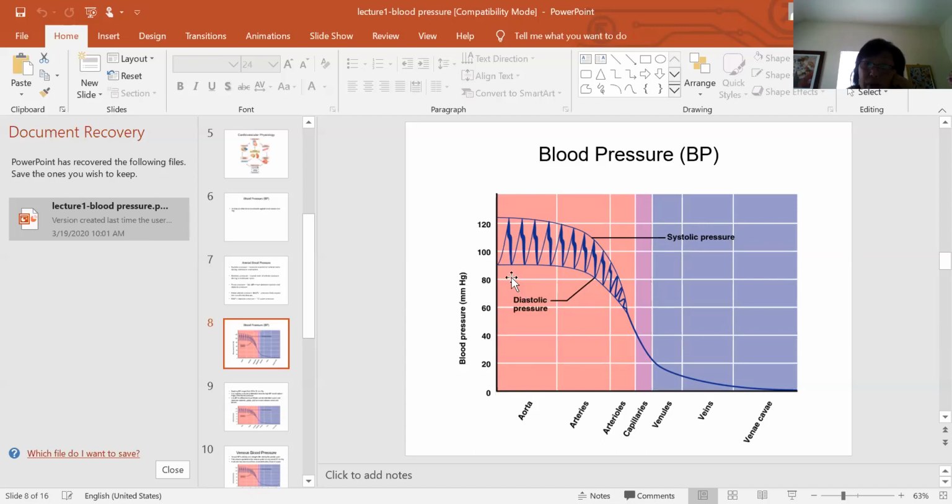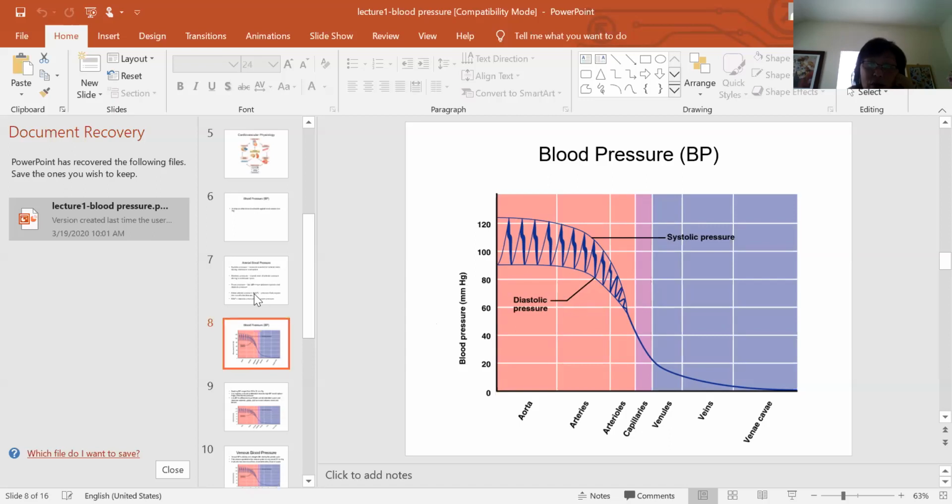But the actual pressure which can keep the blood flow smoothly is called the mean arterial pressure, because the diastolic pressure part takes longer than the systolic pressure going up. See this curve, the coming down here, the slope is not as steep as the systolic going up. So we cannot just simply use the pulse pressure to measure the blood flow.